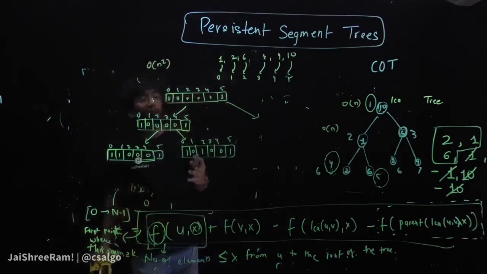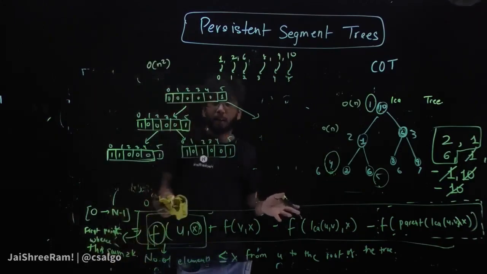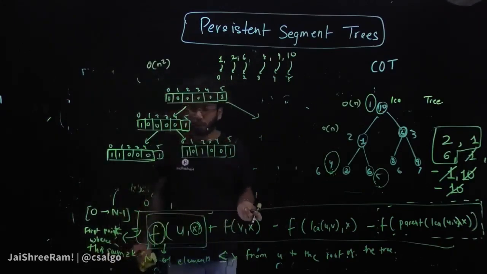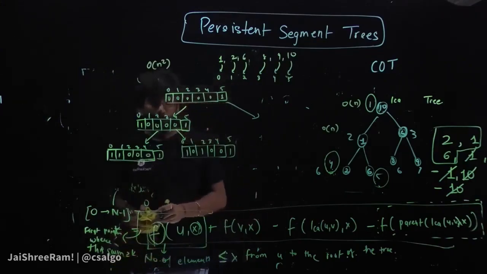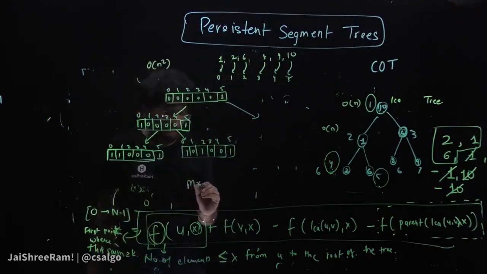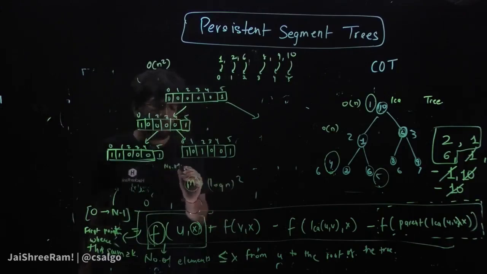The time would be a completely different thing, and the time would be quite fine with this. The time would still come out to be m times log n squared, where m is the number of queries we have.